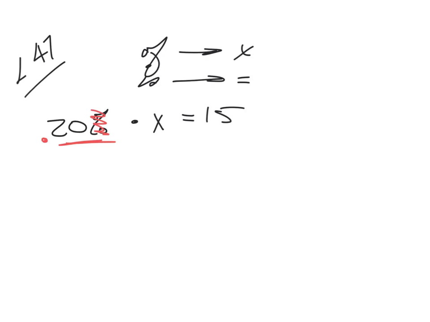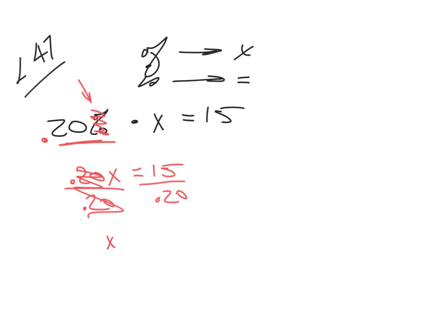Then you can actually solve it. So I have 0.20 x equals 15, divide by 0.20, divide by 0.20, those go away, and I have x equals 15 divided by 20. And that gives me 75.